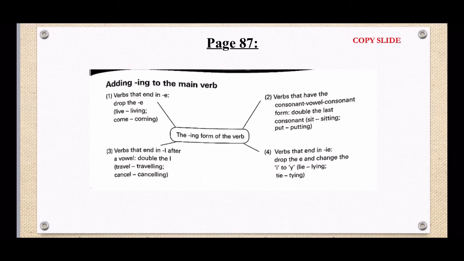Once again, we have tie. We take away the e and change the i to y. Tying. I know it can sound a little bit confusing reading it, but if you have to, pause the screen, read through it again, or even read through your textbook and go through all 4 of these again to understand it better.